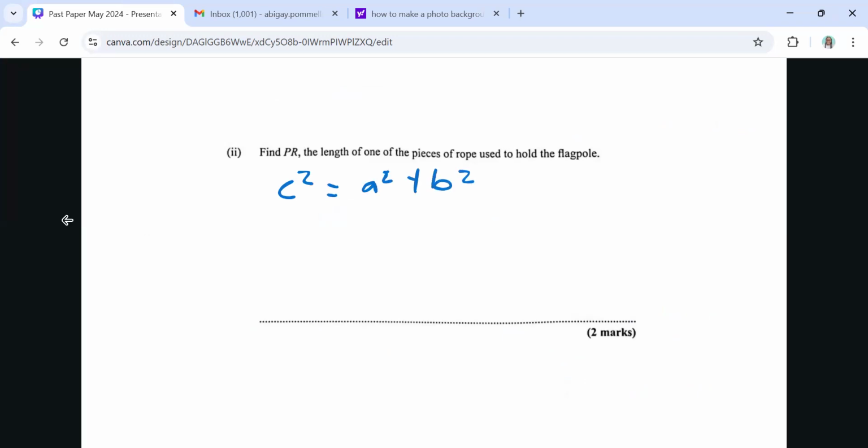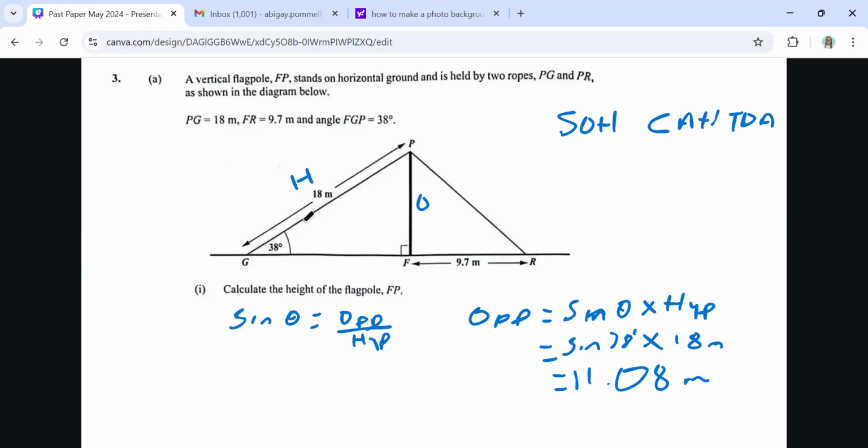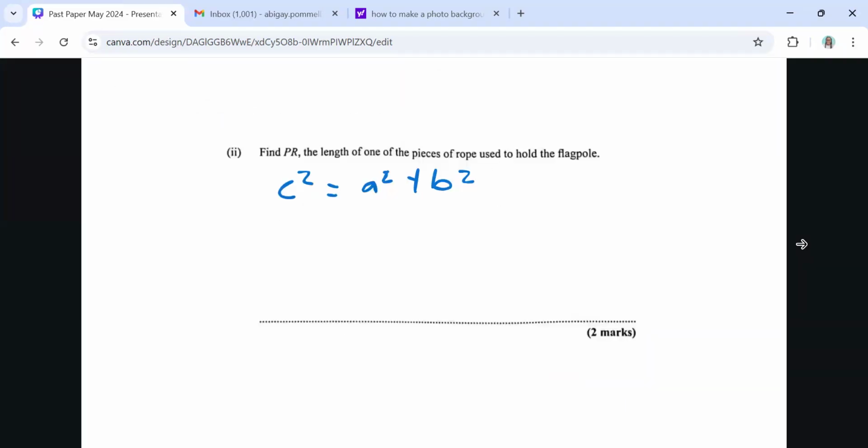That's the difference: when you have only the angle and one side, you use trigonometry. But if you're given or you find two sides and they ask for the unknown one, use the Pythagoras theorem formula. So our C is unknown.